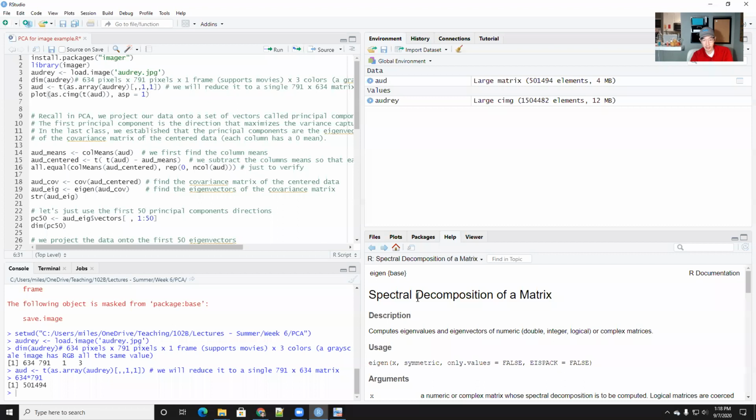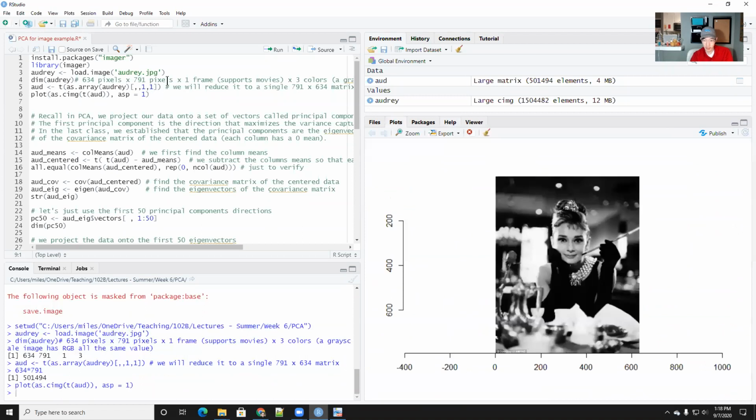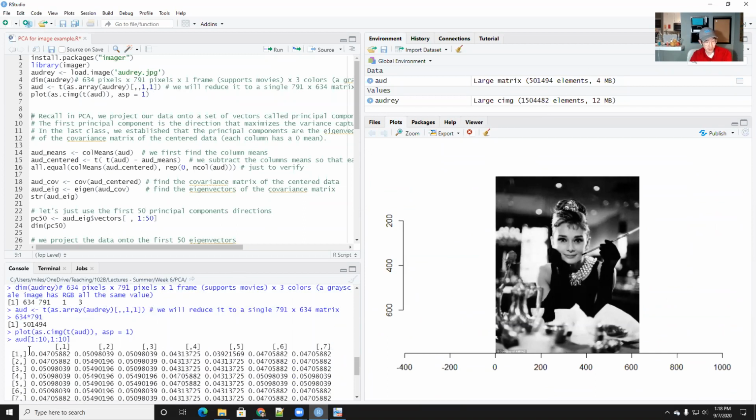And I can plot this. This is the plot of the image. Each pixel, if you look at some of the values in here, is a number going from 0 to 1, where if it's close to 0, it's black, and if it's close to 1, it's close to white.